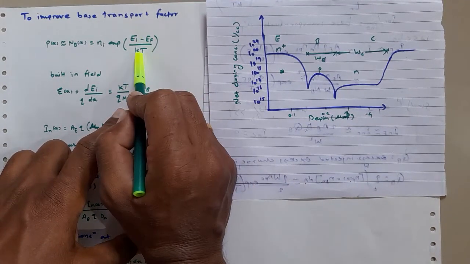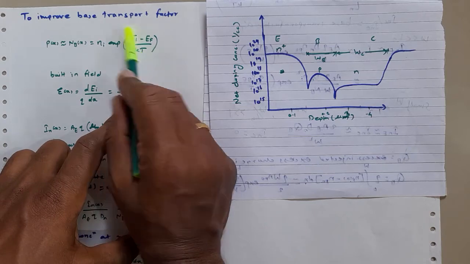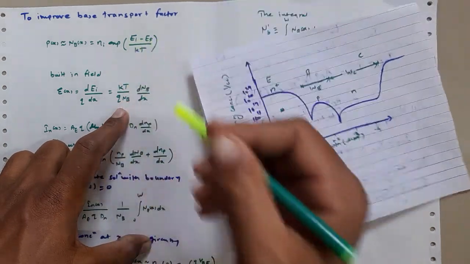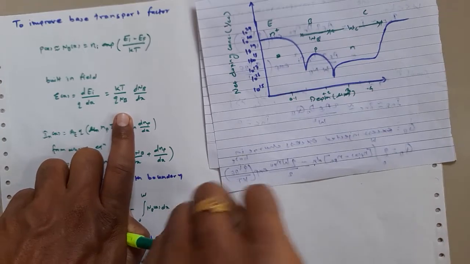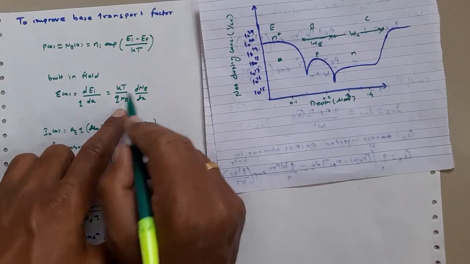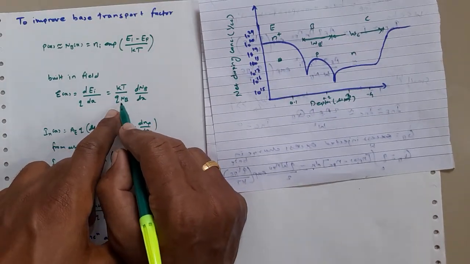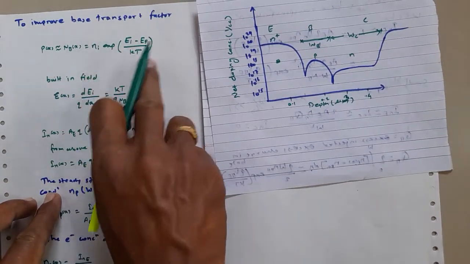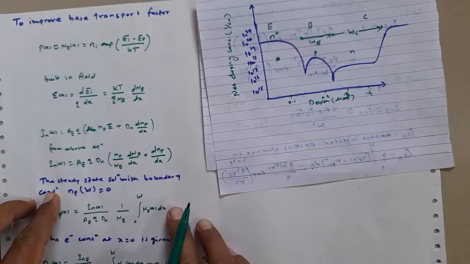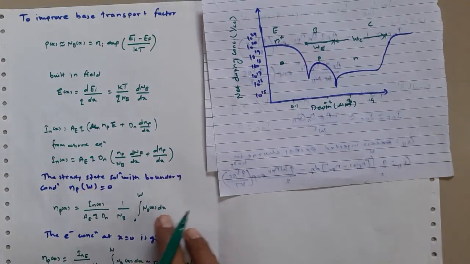Differentiate this equation by considering Ei as a function of x, then rearrange the terms to get the expression.